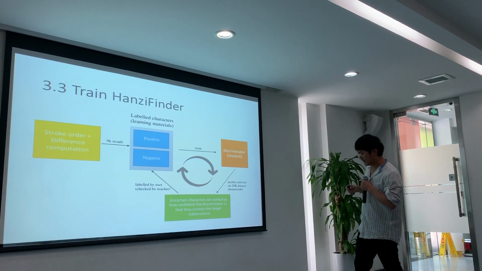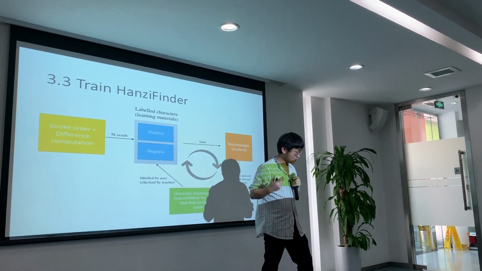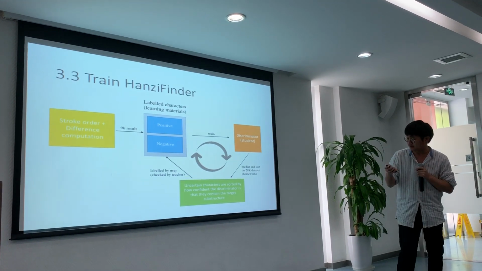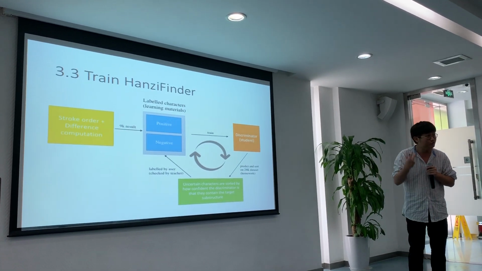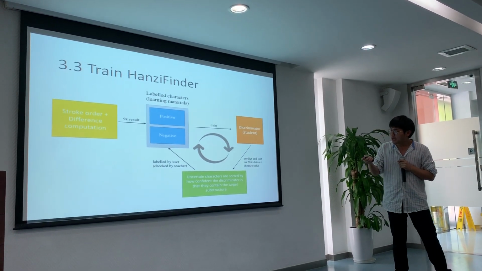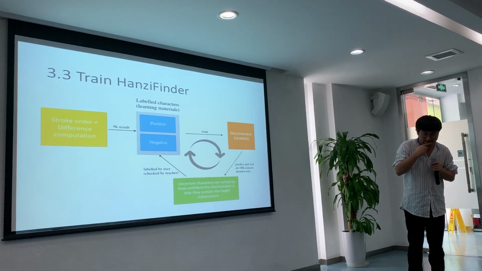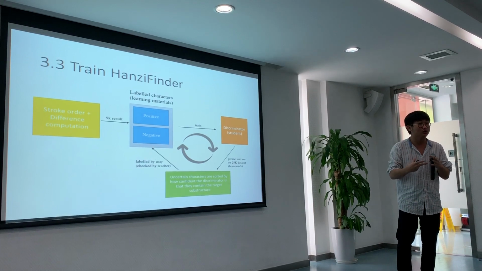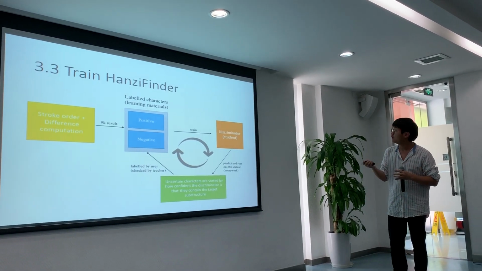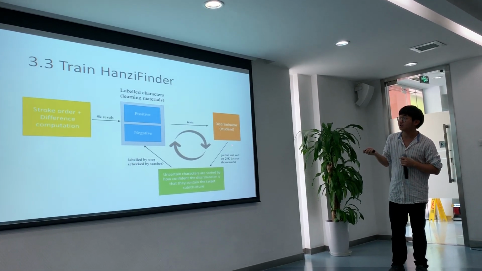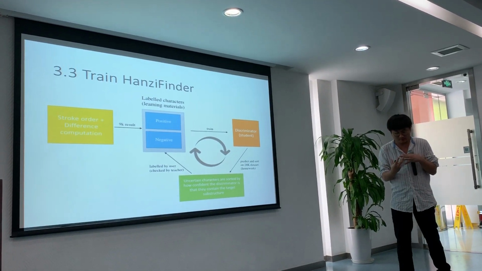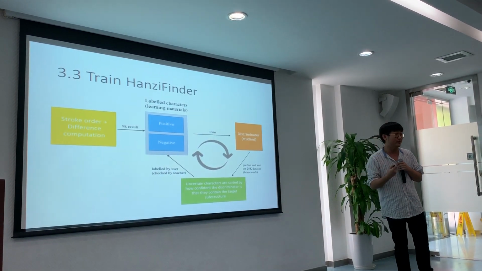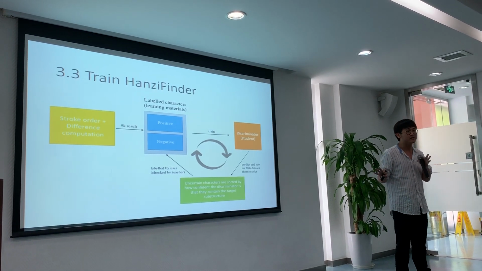How do we train this, how do we actually make this happen? You can imagine the HanziFinder as a student. We use the stroke order and orientation results as the initial learning material for the student. The student studies this material very hard, and the teacher gives the student a quiz, like 5,000 unseen characters.